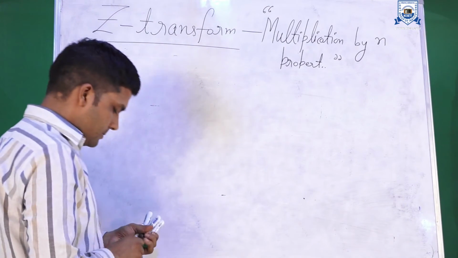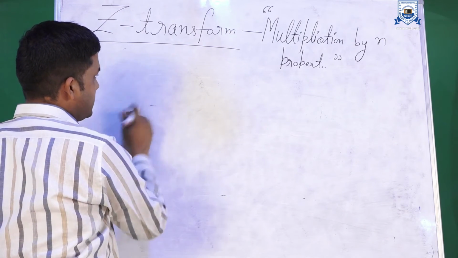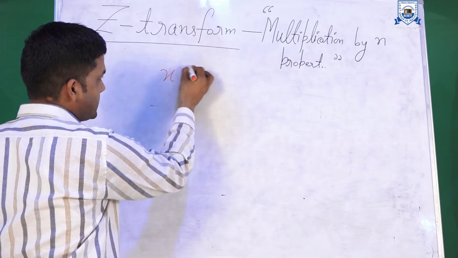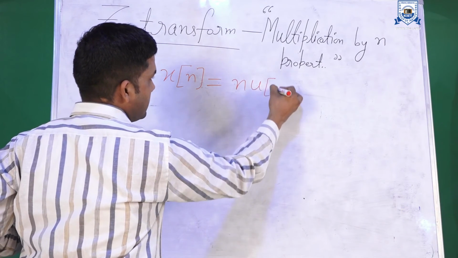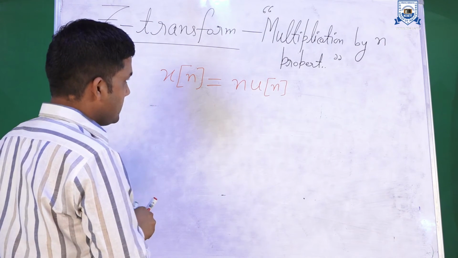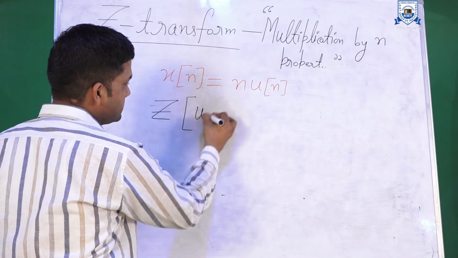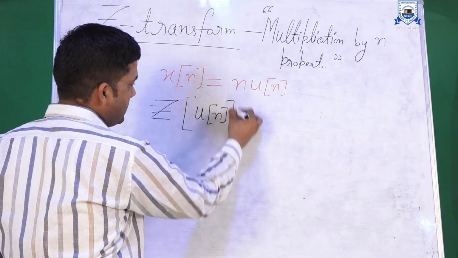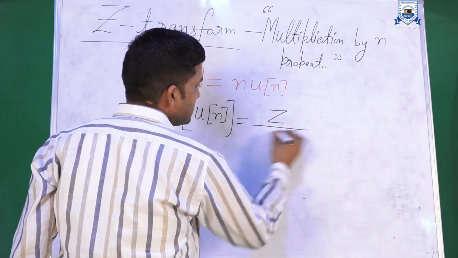In another problem, if we want the z transform of x[n] equal to n u[n], then first of all we have to find the z transform of the unit step signal, and the z transform of the unit step signal is z upon z minus 1.